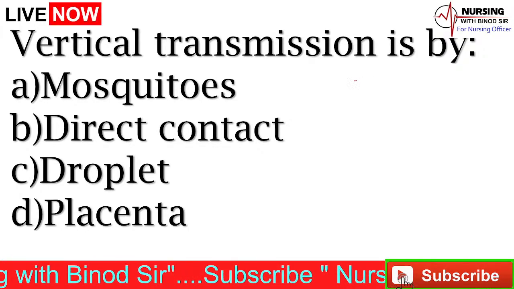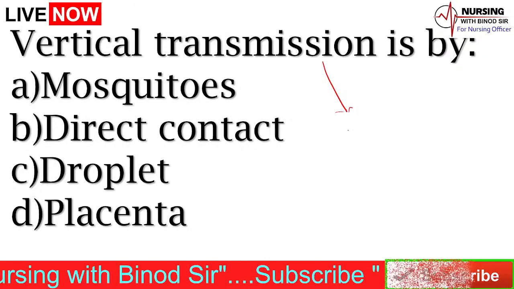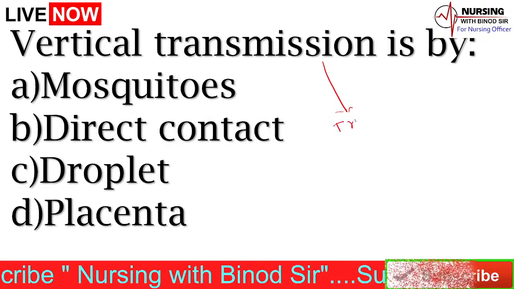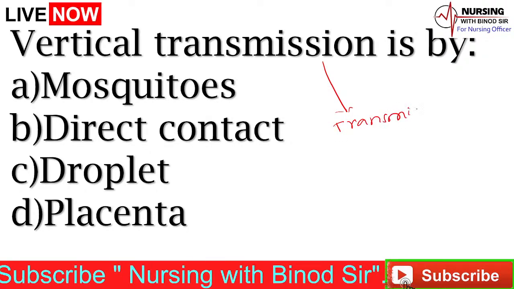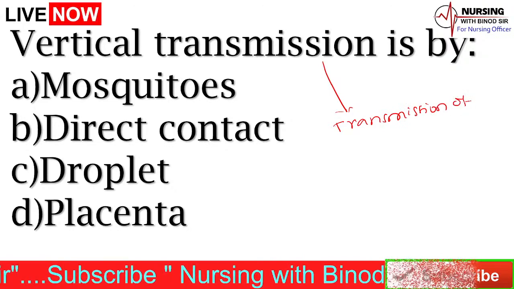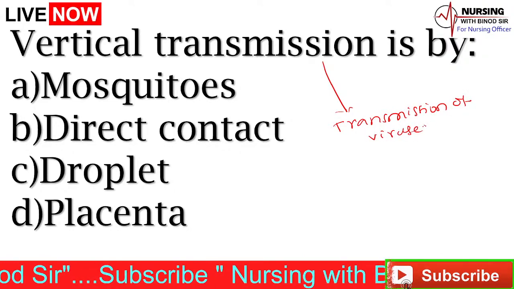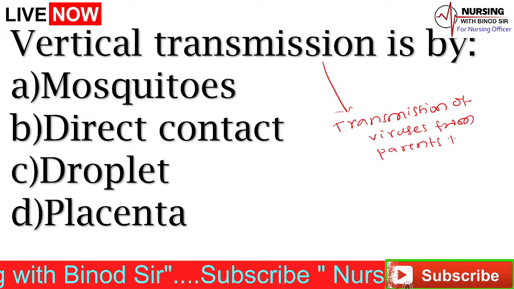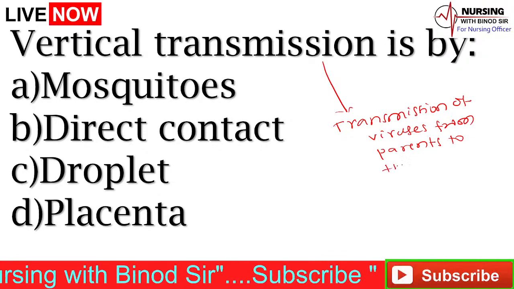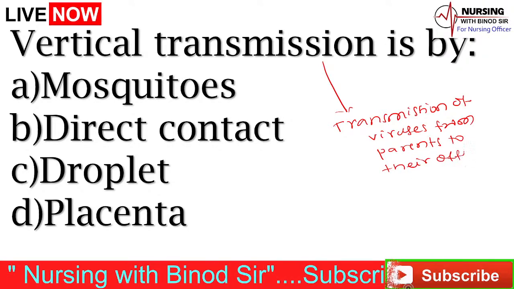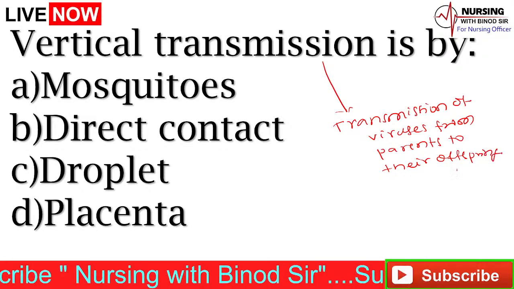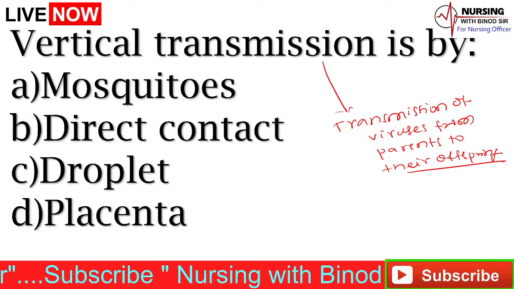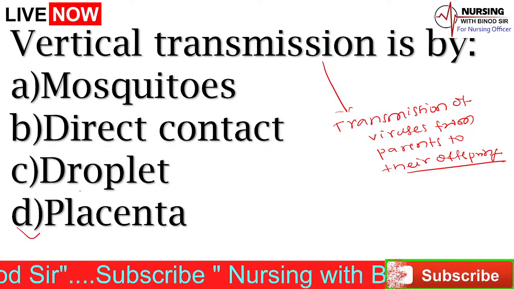Vertical transmission means the transmission of disease or viruses from parents to their offspring. So which one will be the right answer here? Very good, placenta. All have given the right response. The answer is placenta.